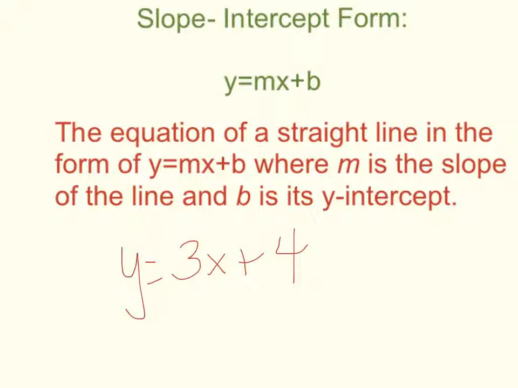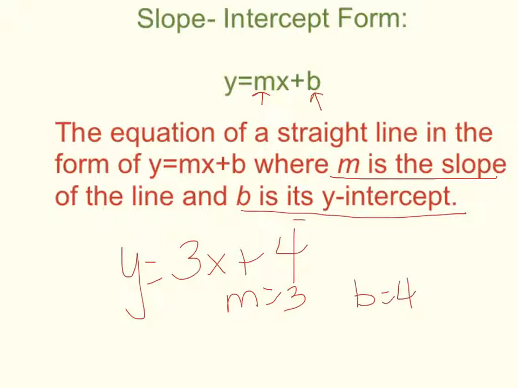Whatever number takes the place of m, which is 3, so your slope is 3. This b is your y-intercept, so that's where the line crosses the y-axis, which is 4, so your b would be 4. It's awesome. Once you get in this formula, it's super easy. I think it's the best one.